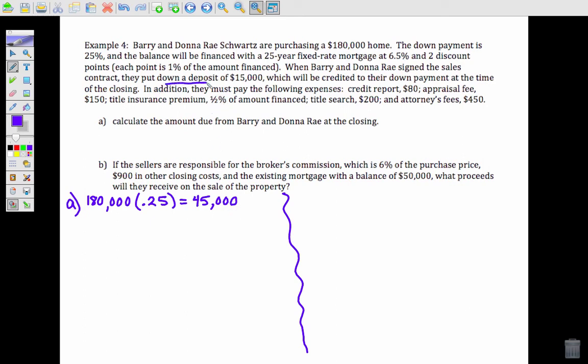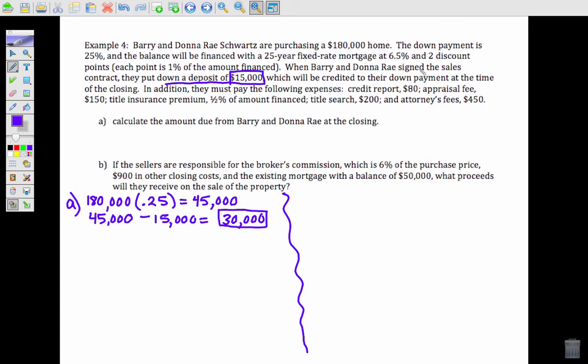However, in the middle of the reading here it says they had to put a deposit of $15,000. So they already paid part of that amount. So I'm going to go ahead and subtract that $15,000 now. So at closing, they are going to have $30,000. Okay, there's one of our amounts.